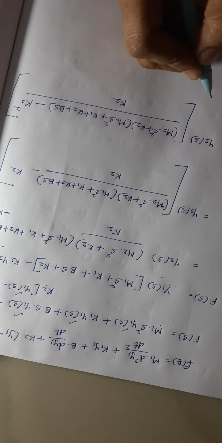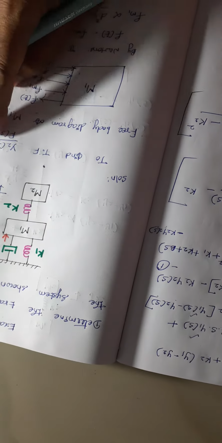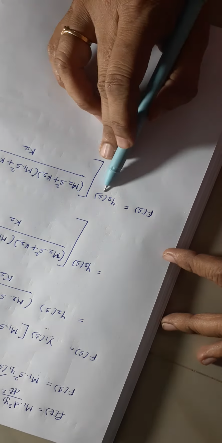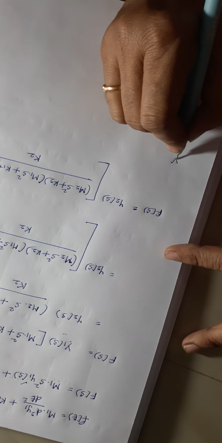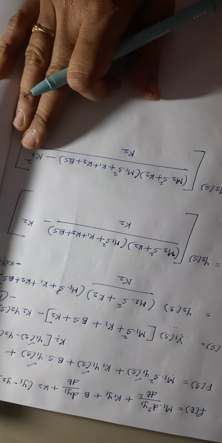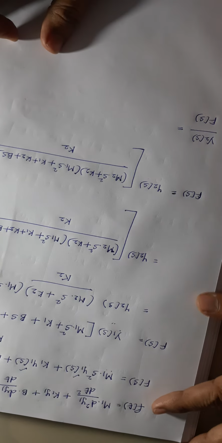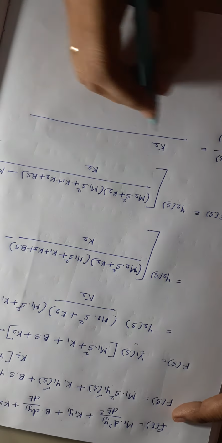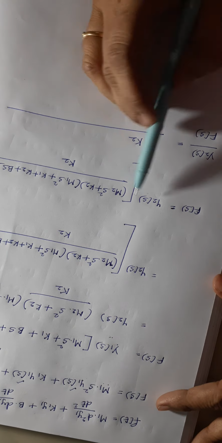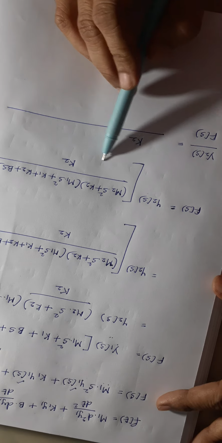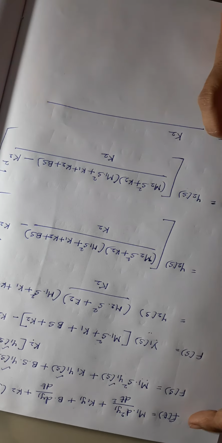Now we are asked to find the expression y2 of s by f of s. So here I am just rearranging. We have f of s and y2 of s. What we need is y2 of s by f of s. So I am moving this f of s to the denominator, and this entire expression will go to that side as a reciprocal.